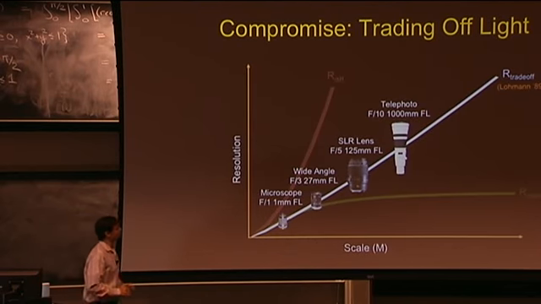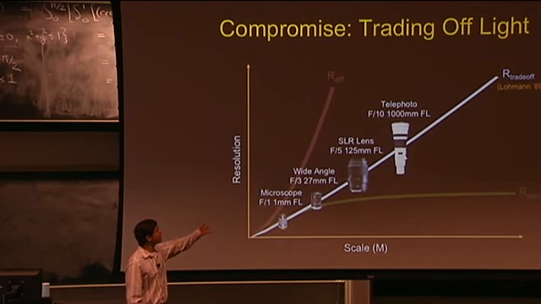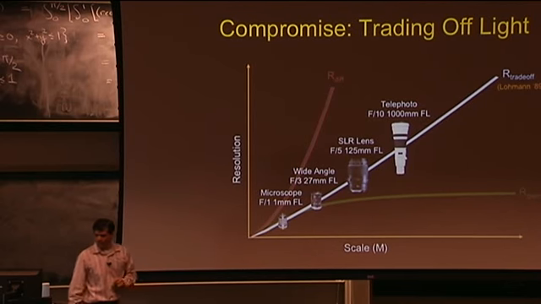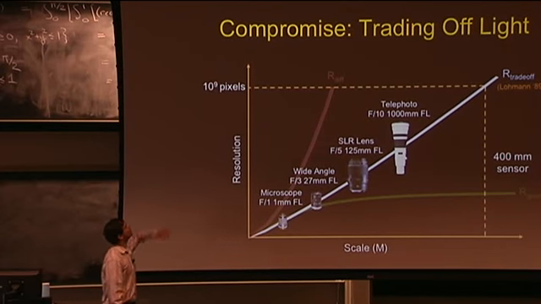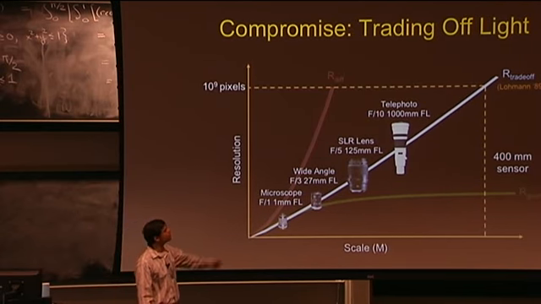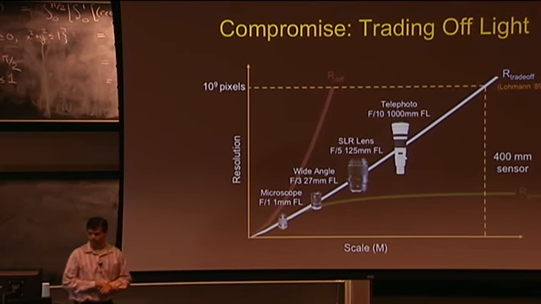And in fact, there's a good deal of designs that follow this empirical scaling law that Lohmann discussed, going from microscopes to telephotos. And what the scaling law tells you is that if you want to image at 1 billion pixels and you're on this Lohmann line, then you need an image size of about 400 millimeters.